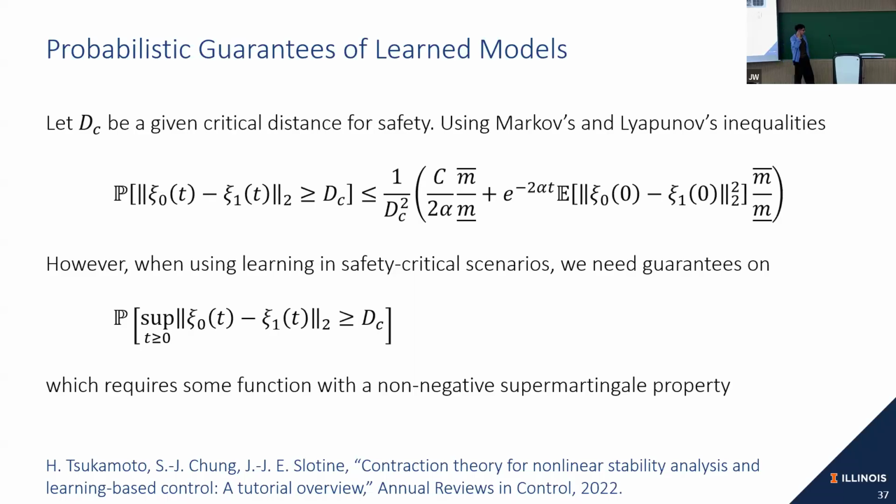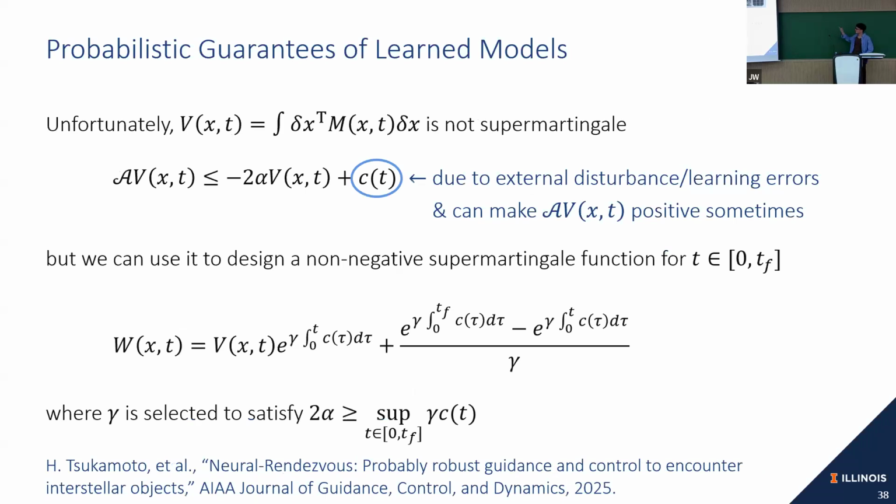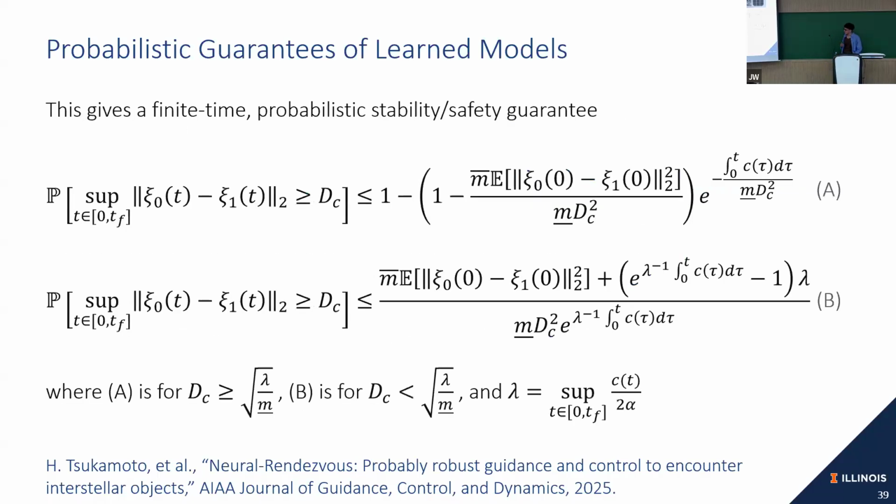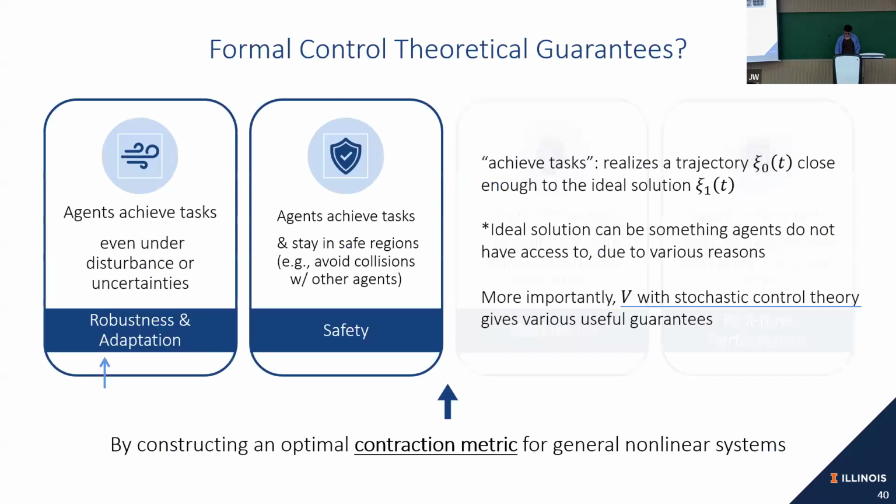Using stochastic control theory tools and defining a new positive function W, you can also provide a guarantee for the stream. This is just me saying that we have a stronger version of the guarantee.